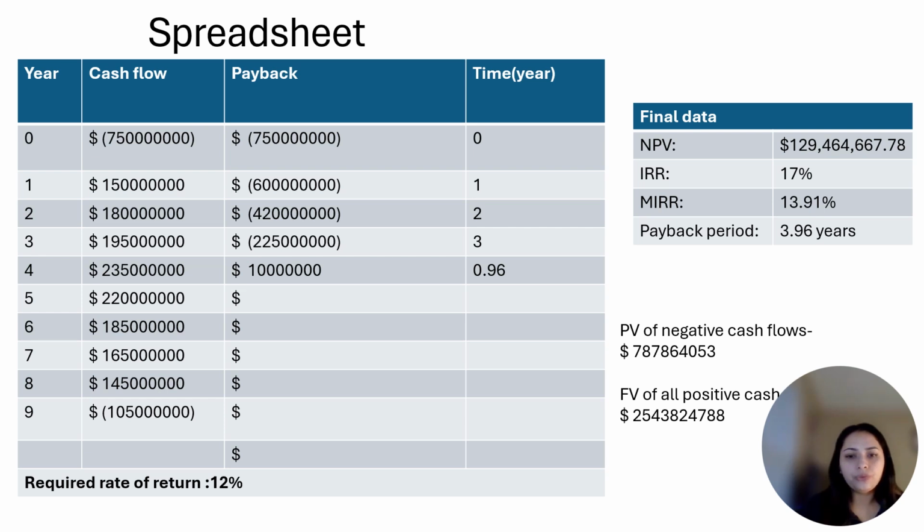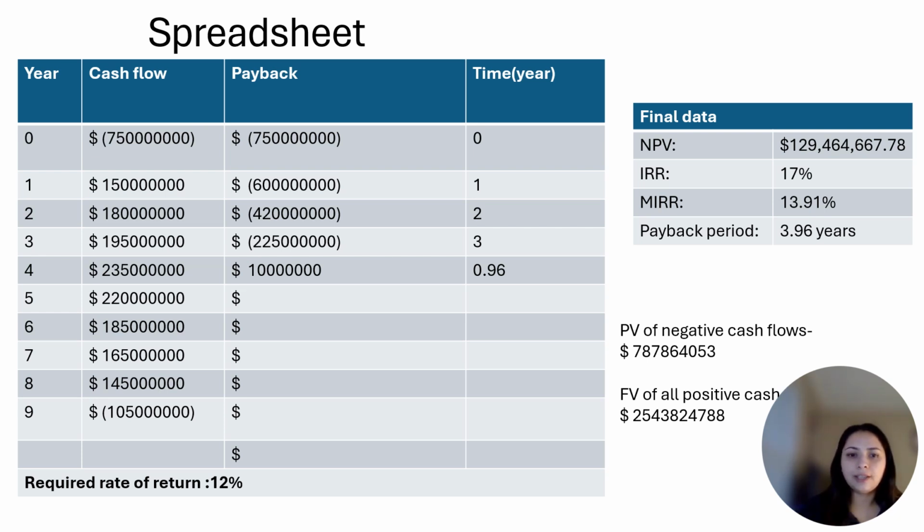For modified IRR, I used the reinvestment method and calculated the future value of all positive cash flows and the present value of all negative cash flows, and we got an MIRR of 13.91%. For the NPV we got almost 129.5 million at the required rate of 12%.